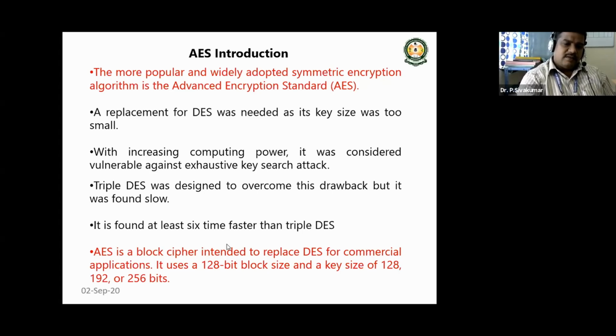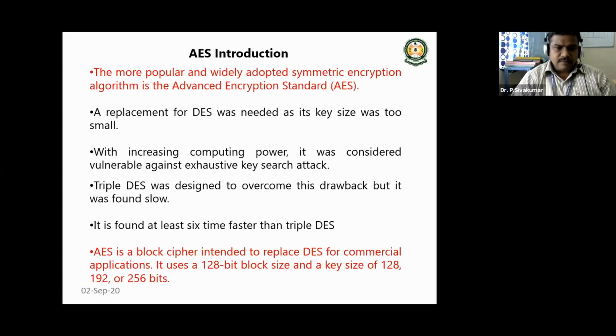So AES is a block cipher intended to replace DES for commercial applications. It uses a 128-bit block size, and the key size is 128, 192 or 256 bits. It depends on how many rounds we use in the AES algorithm.